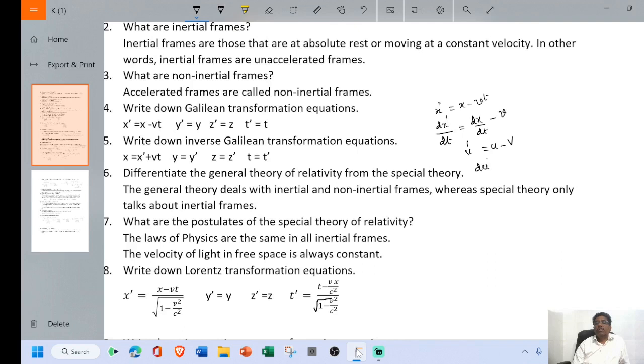Then further, if you differentiate, du dash by dt equal to du by dt, since the frame velocity is constant, its derivative is 0. This is a dash equal to a. So the Galilean frame is an inertial frame. Acceleration is invariant, but velocity is transformed from one frame to another frame. u is the velocity in the rest frame. u dash is the velocity in the moving frame.